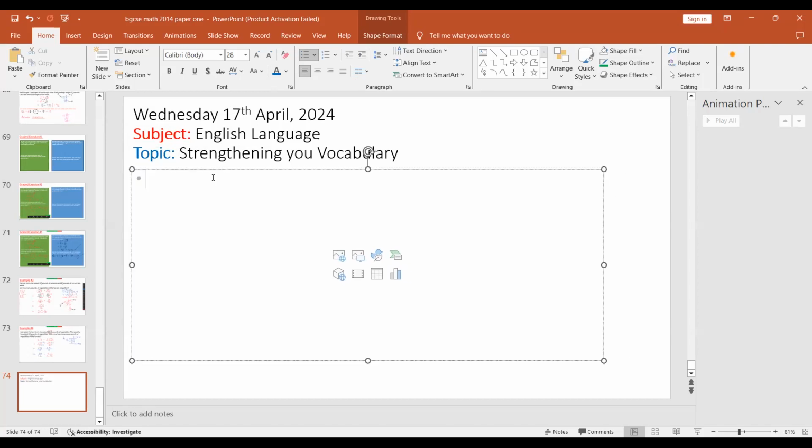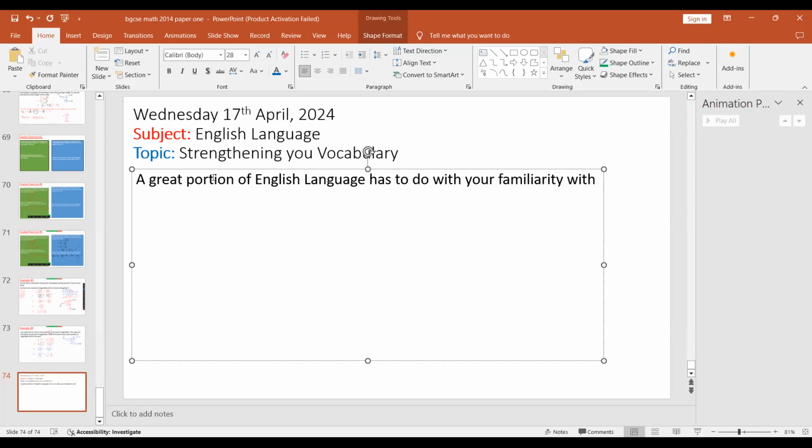So let's begin with some notes. A great portion of becoming, say, a great portion of the English language has to do with your ability, or we could say your familiarity, with certain words, or how extensive your vocabulary is.